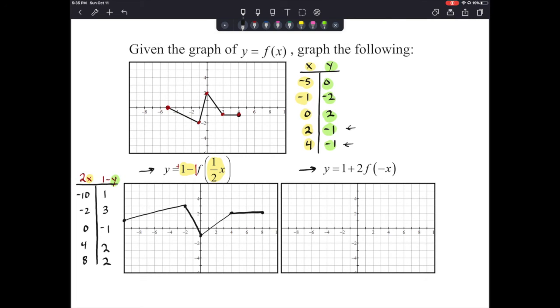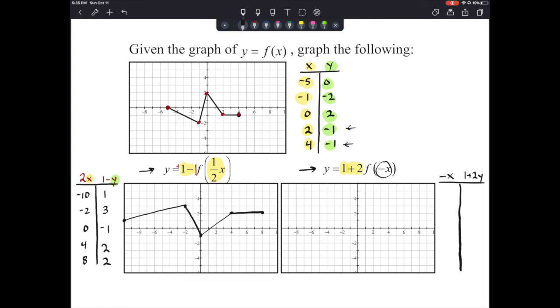And then let's just do the last one. Okay, with our last one, let's go ahead and point out what we've got. On the outside, we have 1 plus 2 times f of negative x. That's just simply going to be 1 plus 2y. And then this negative x, remember, is just going to give us another negative x.